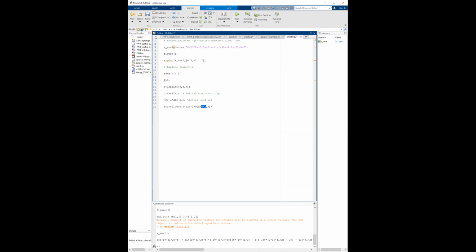Capital F is equal to 0. So if you want to say F is equal to 0, so this is the F in the time domain. That gives me this F in the frequency domain.